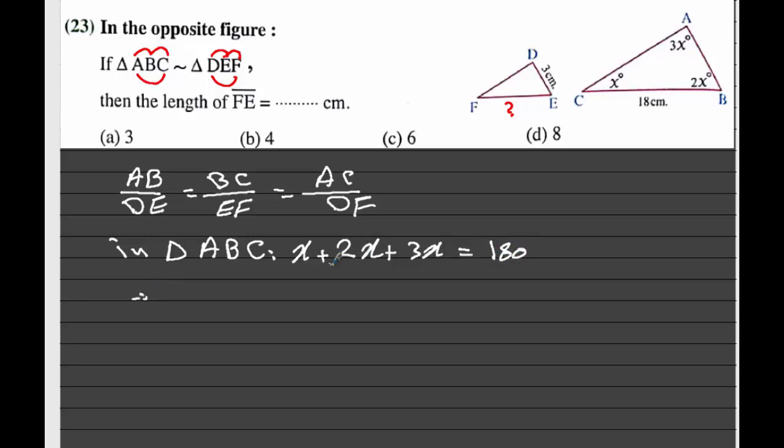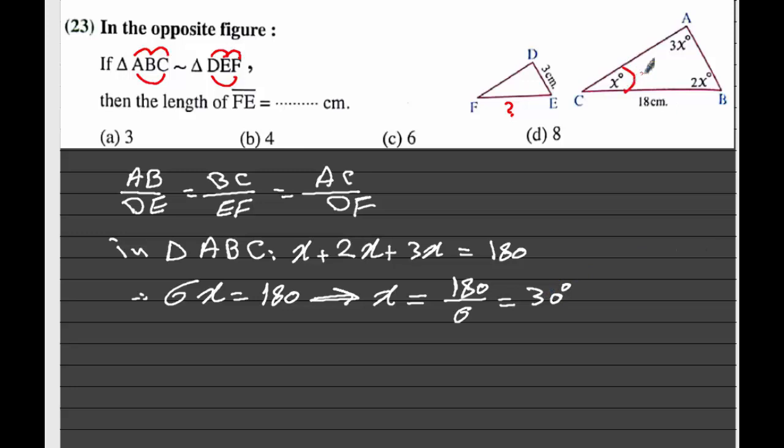So x plus 2x plus 3x is 6x equals 180, and from that we can calculate x equals 180 over 6, which equals 30 degrees. Okay, so the measure of this angle equals 30 degrees.